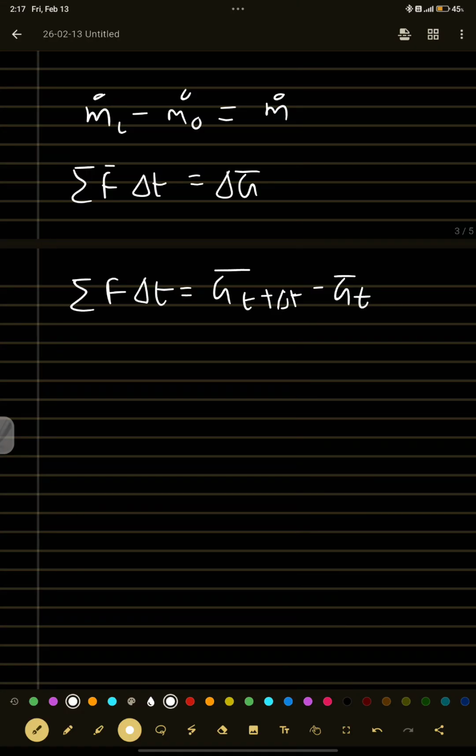So we were able to extend Newton's laws for systems with mass flow as m into v dot. At this instant, the velocity is v. At t plus delta t, the velocity is v plus delta v.